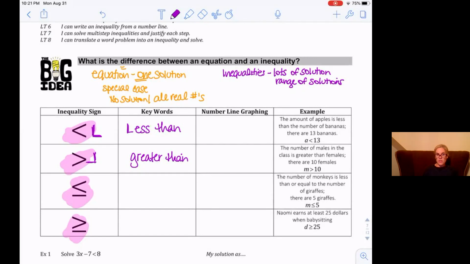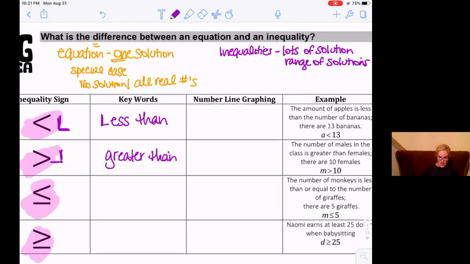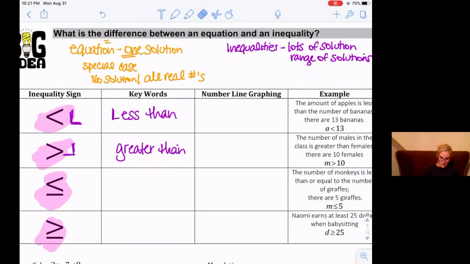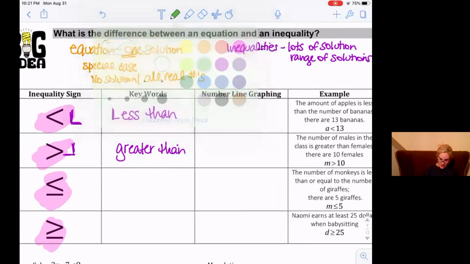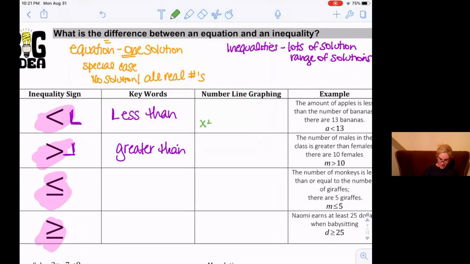If we're graphing inequalities on a number line, what we're looking for is a range of solutions. So let's say we were going to be graphing x is less than 5. We're looking for the solutions that would show numbers less than 5. So what we would do is create a number line, and on that number line we'd put a 5. We're going to put an open circle on 5 because it just says x is less than 5.